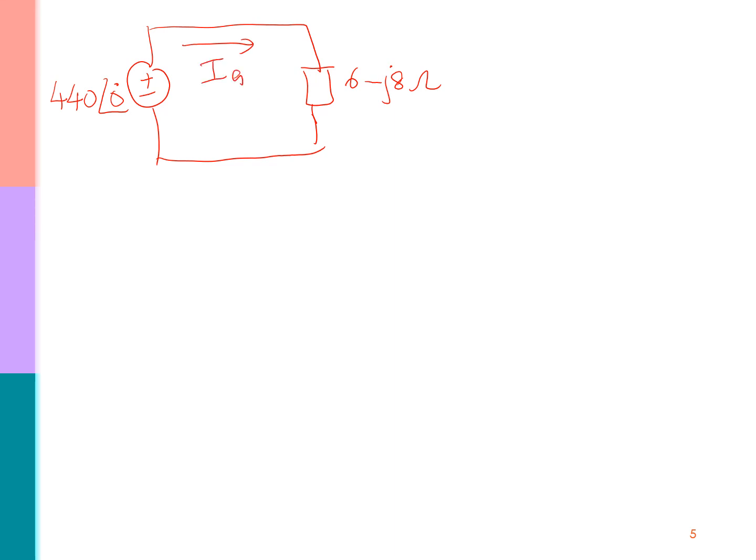We will calculate the line current IA, which is equivalent to 440 0 degree divided by the Y load impedance 6 minus J8.